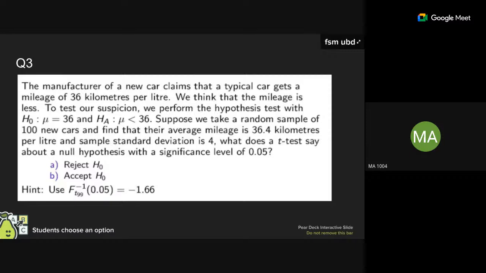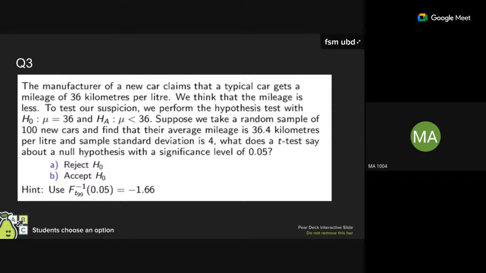Suppose we take a random sample of 100 new cars and find that their average mileage is 36.4 kilometers per liter and the sample standard deviation is 4. So now you see, we haven't given you the population standard deviation, and instead we have given you the sample standard deviation. What does a t-test say about the null hypothesis with a significance level of 0.05?